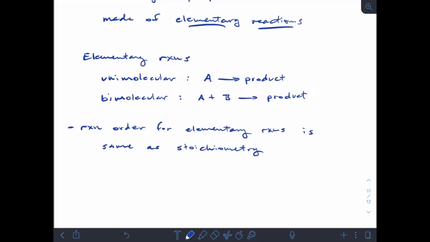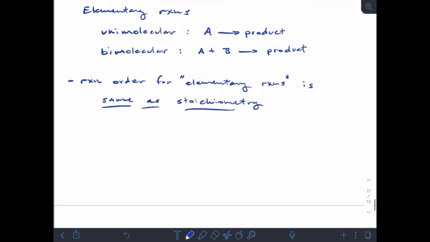Okay, this is the one place where this is true. If you're told that you have a series of elementary reactions, those elementary reactions will have the same order as their stoichiometry. In all the other examples we've been through, the order is determined by experimental values. With elementary reactions only, we can do order by stoichiometry.